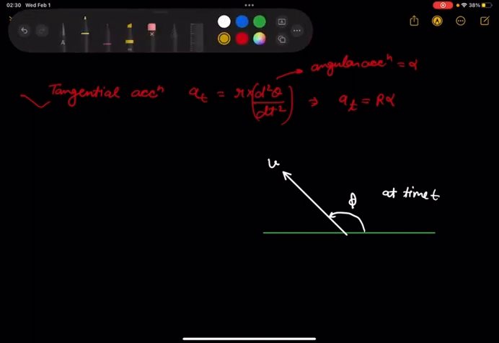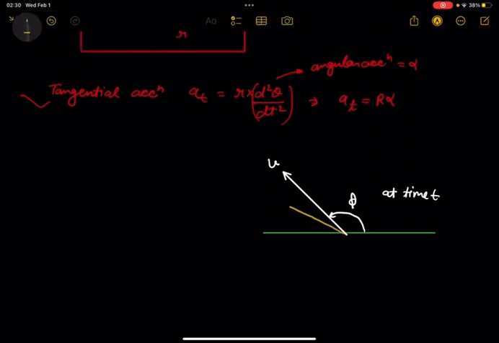So let's assume this angle changes also, and this is also v, and this angle changes, it is phi plus d phi, for a very small time, at time t plus dt.